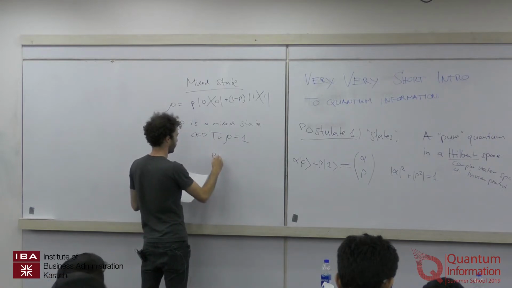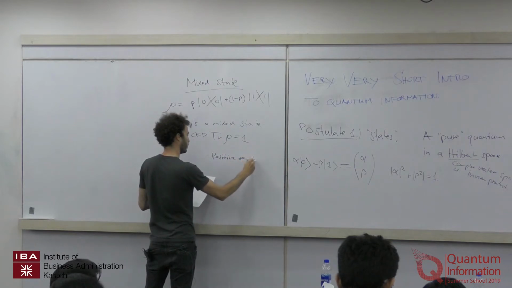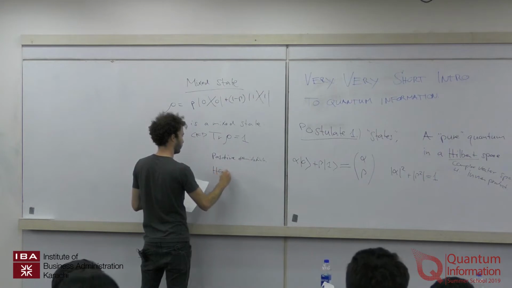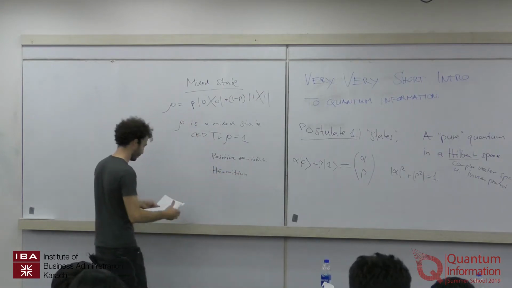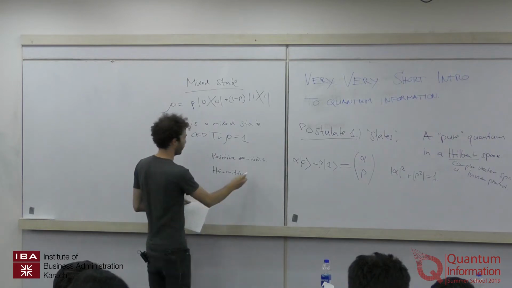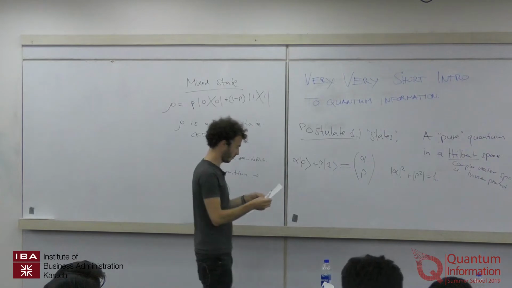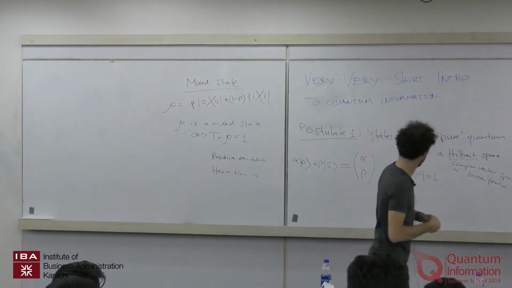And positive semi-definite and Hermitian. This means we don't have negative probabilities. Okay, so that's so much about states.